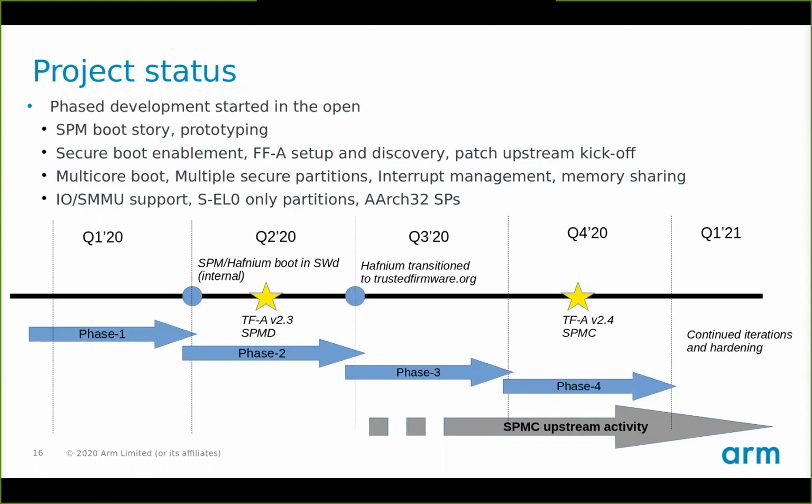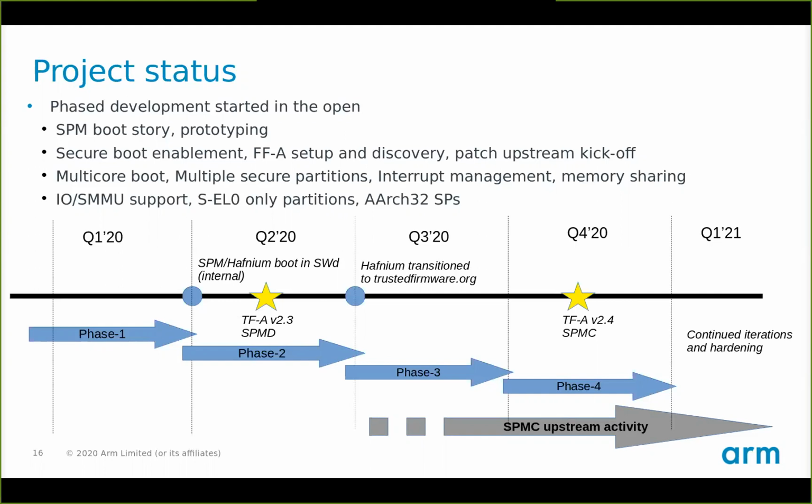And as shown also in this picture, there has already been a release in the middle of Q2 for at least the SPMD component. So it's already part of the v2.3 release. I think it was around April this year.